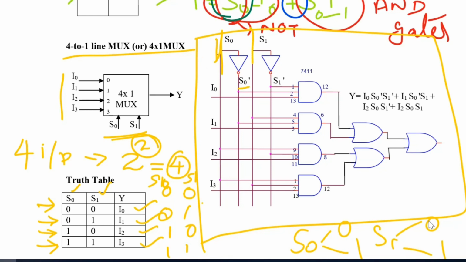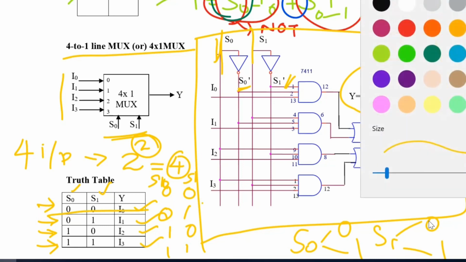The inverted version gives S0 bar, S1 bar. So the expression is given as Y is equal to I0 S0 bar S1 bar, plus I1 S0 bar S1, and so on. Refer to this one.